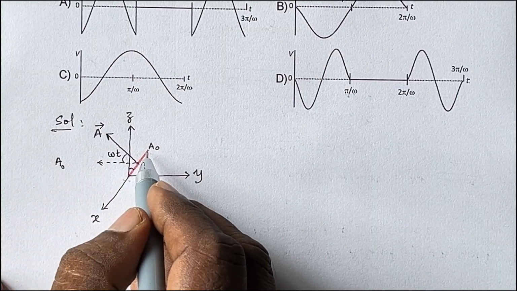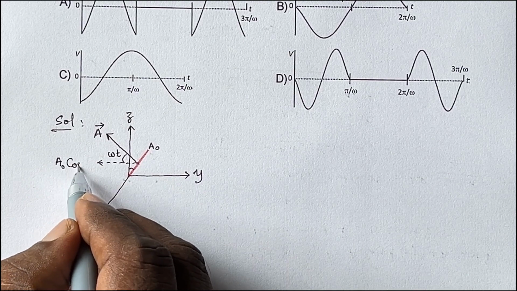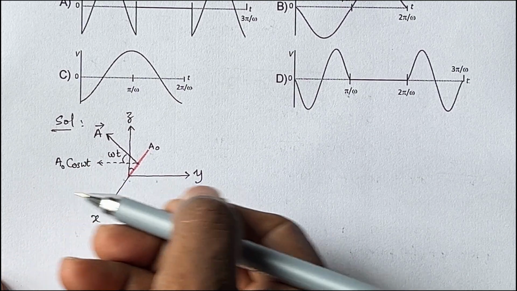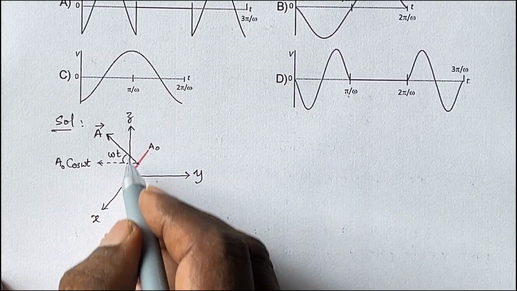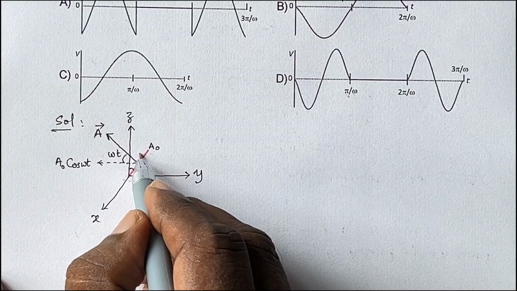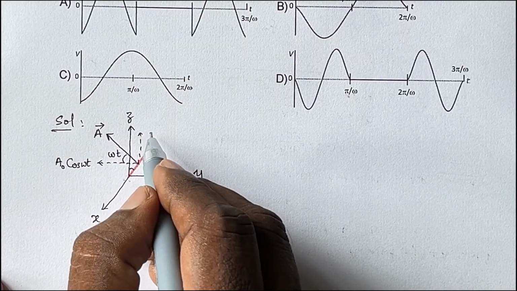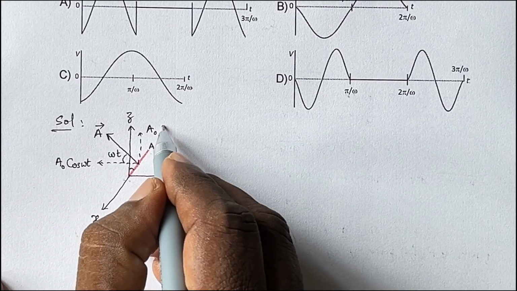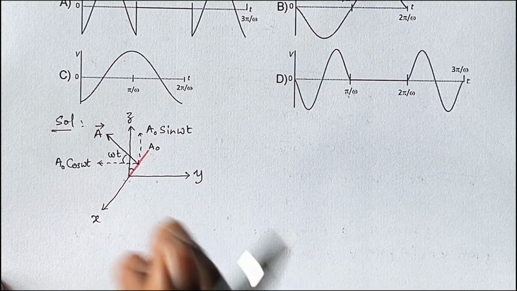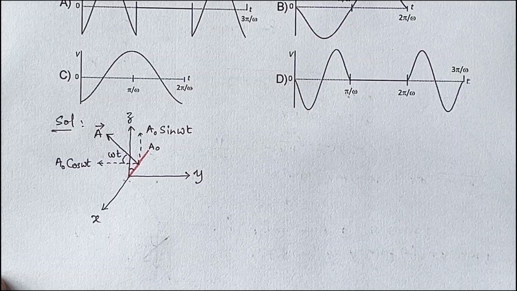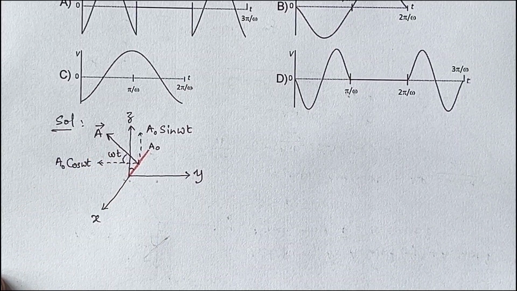The component is A naught cos omega t, directed towards the minus y axis. Along the positive z axis, the area vector component is A naught sin omega t, as the horizontal component becomes cos omega t. So we can write the area vector from this information.